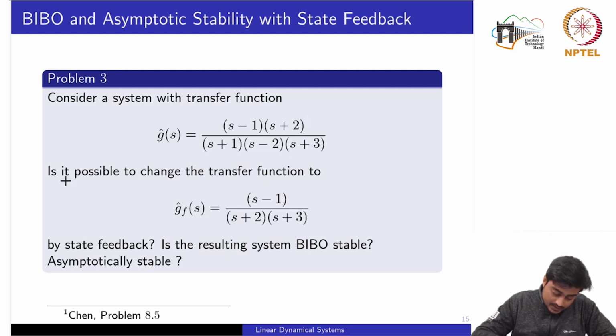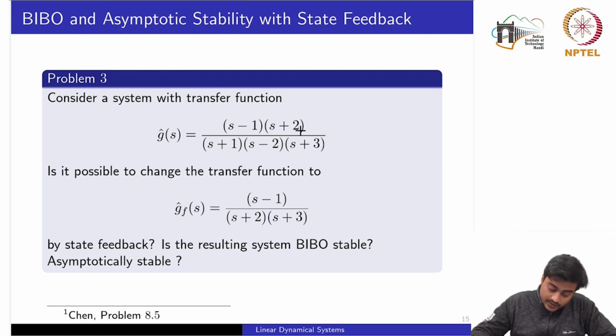Now the question asks whether it is possible to change the transfer function to this one by state feedback. If you recall, in the lecture slides we said that controllability is invariant under state feedback, and the numerator polynomial is unaffected by state feedback.